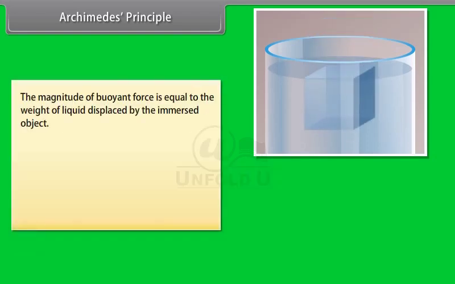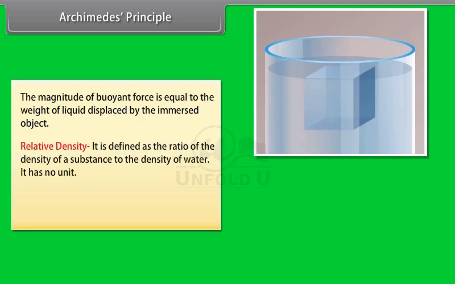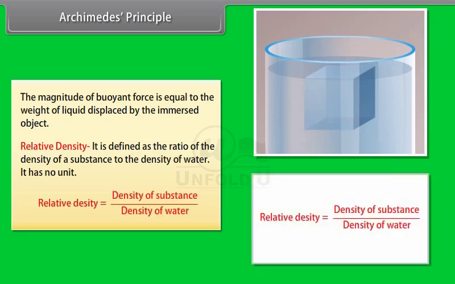The magnitude of buoyant force is equal to the weight of liquid displaced by the immersed object. Relative density. It is defined as the ratio of the density of a substance to the density of water. It has no unit. Relative density is equal to density of substance upon density of water.